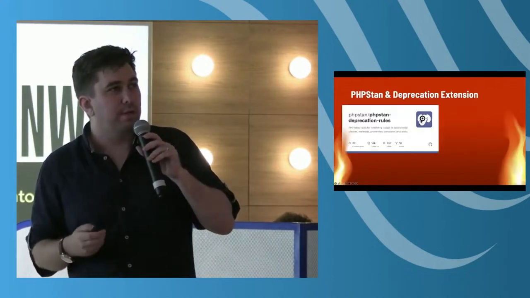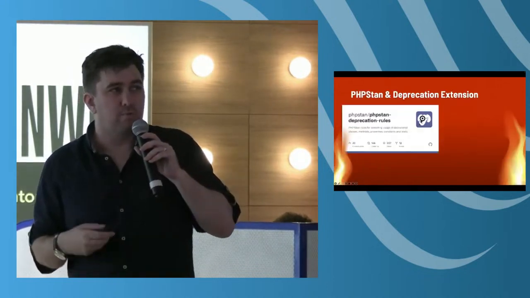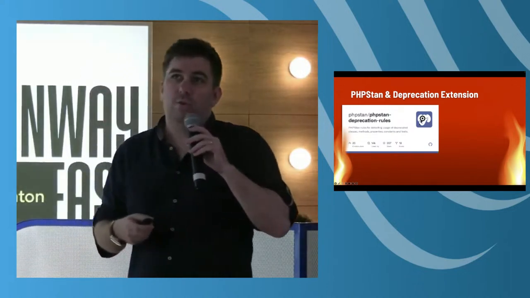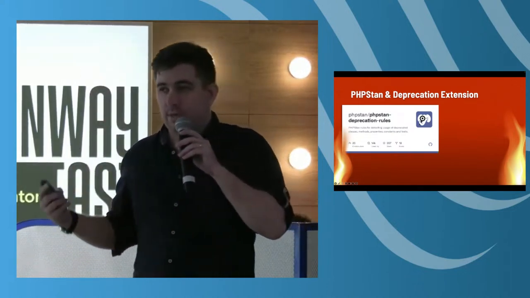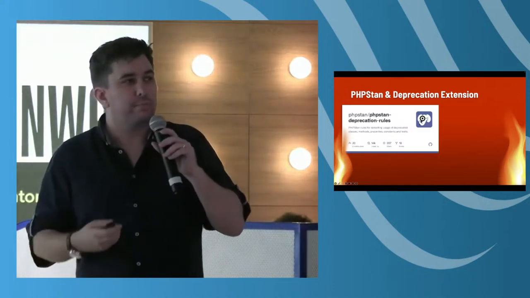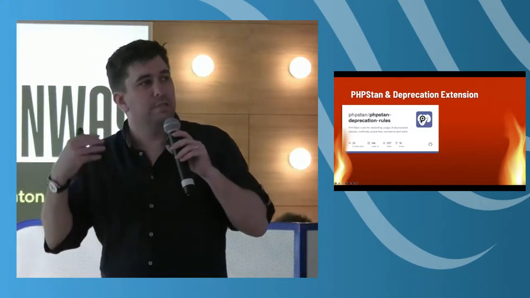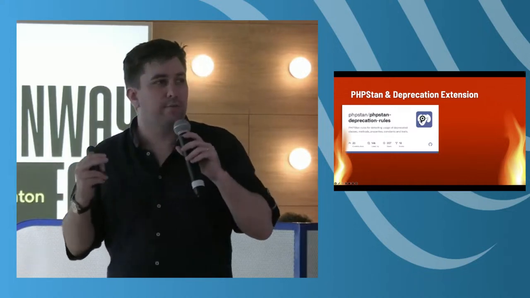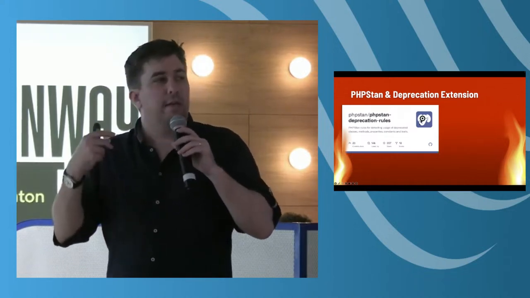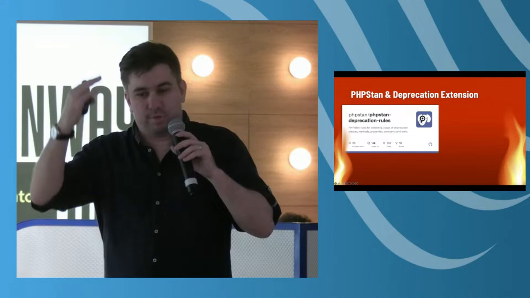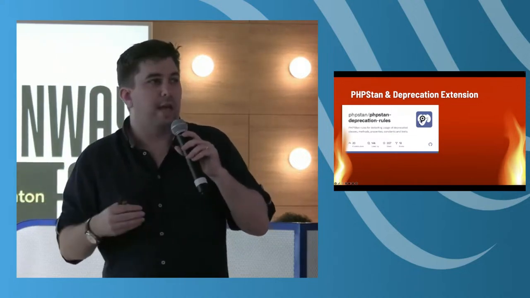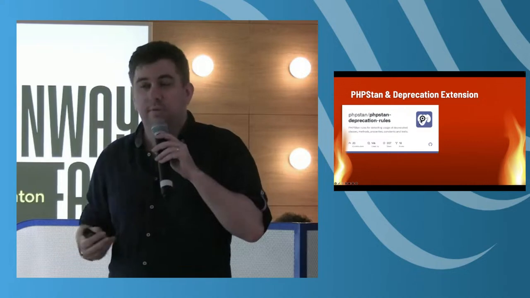The first one is the deprecation rules extension. What this will do is, in your code or even the dependencies you've installed, if any methods, properties, etc. have the PHPDoc tag for deprecated, it will scan your code, find any references where you're using those things, and highlight them as an issue.